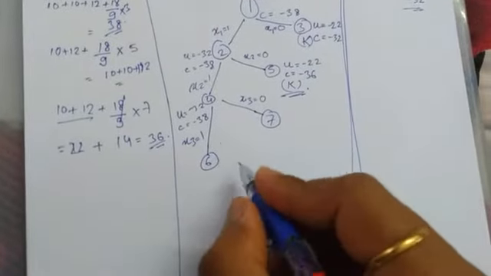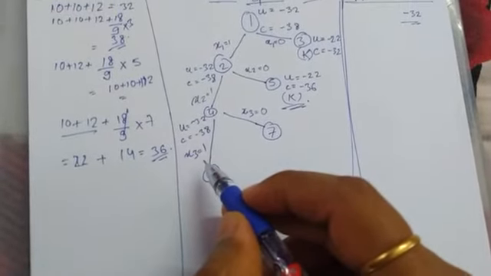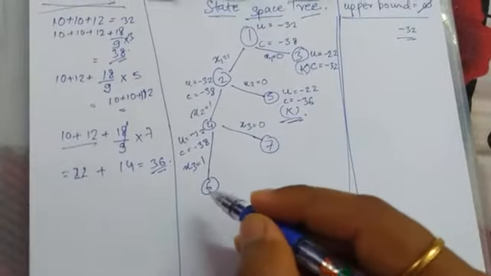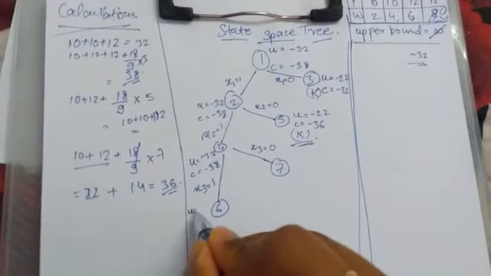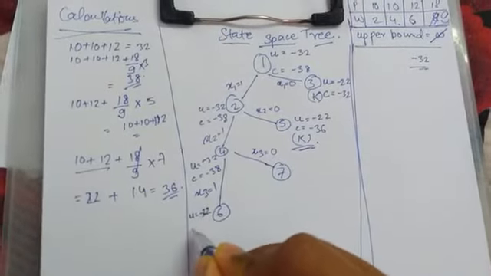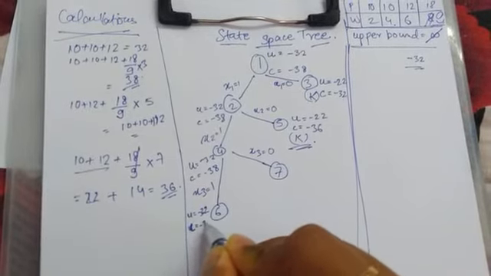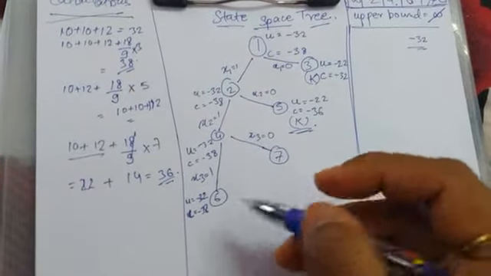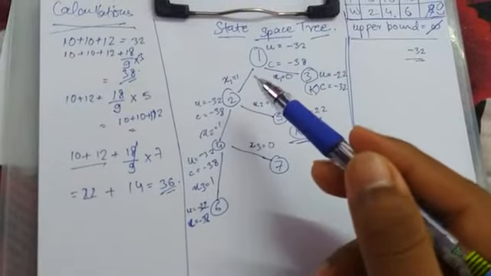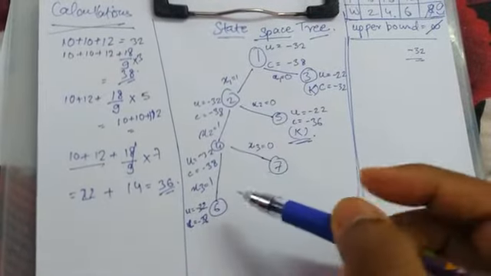Then if we include x3, I think we will again get the same. U is equal to minus 32 and C is equal to minus 38, the same one which we are getting from here, including 1, including 2, including 3, same.